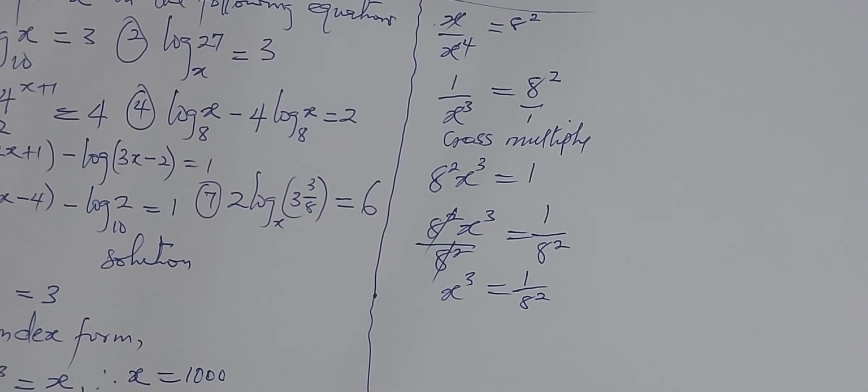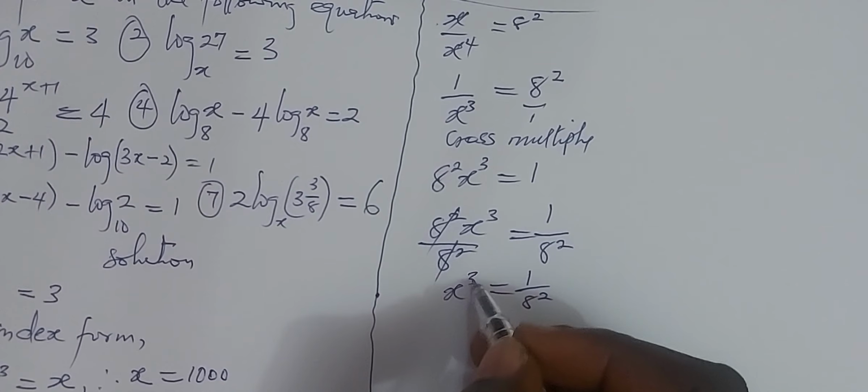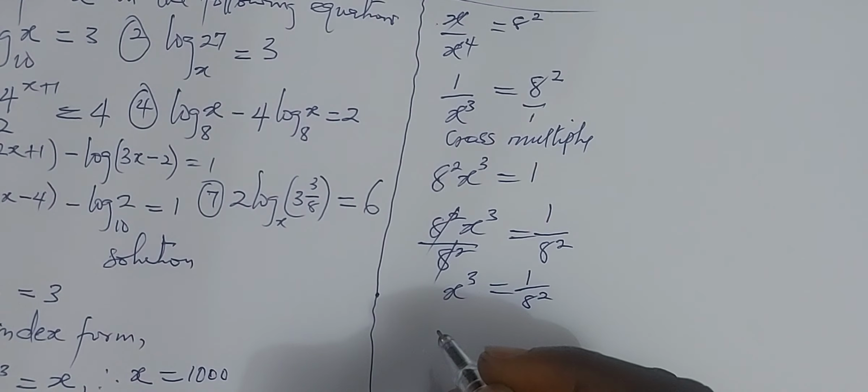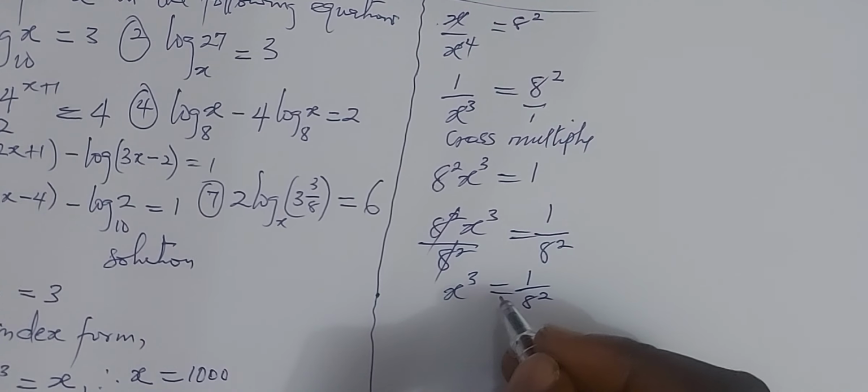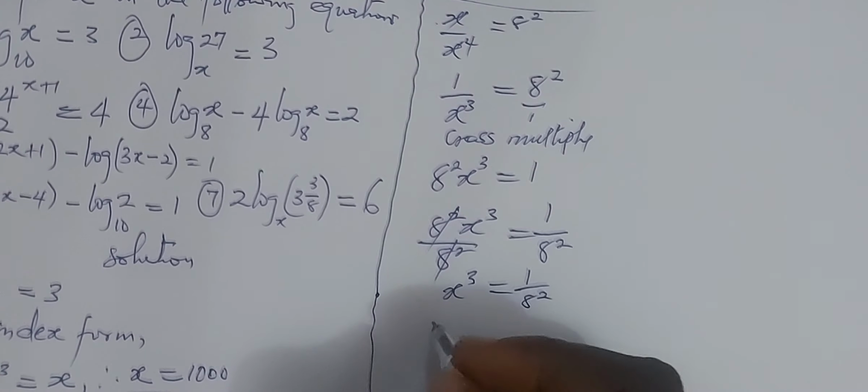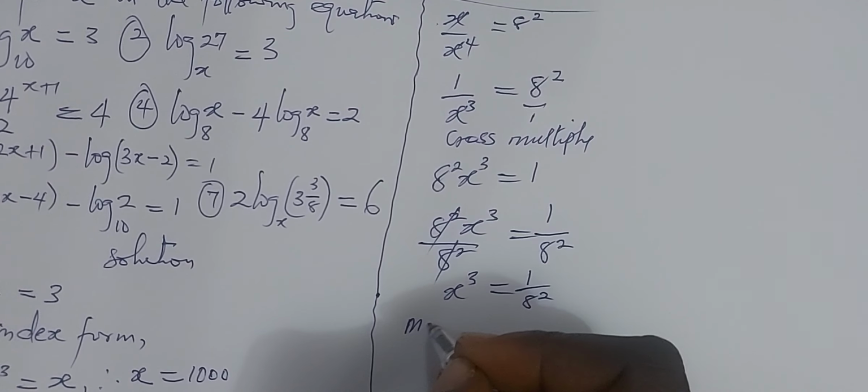I hope you understand. It's very simple. It's in indices. You just need to take it step by step and you'll get there. So what we do here is to clear the power of x by multiplying the powers by 1 over 3 to clear this.